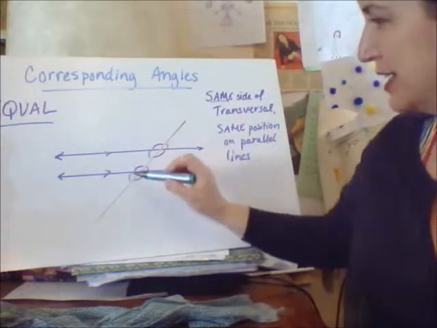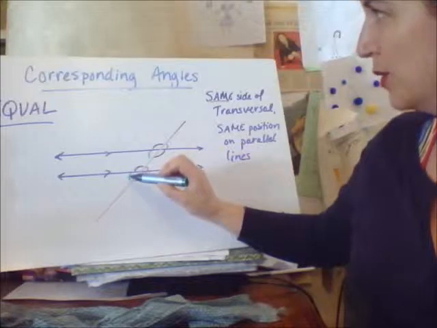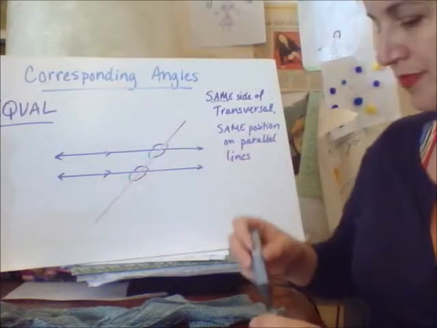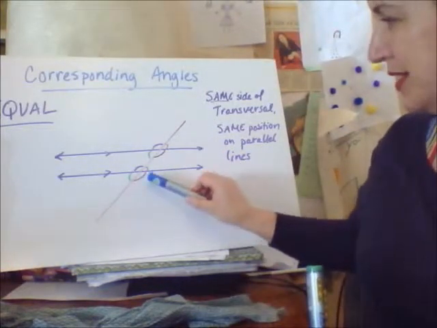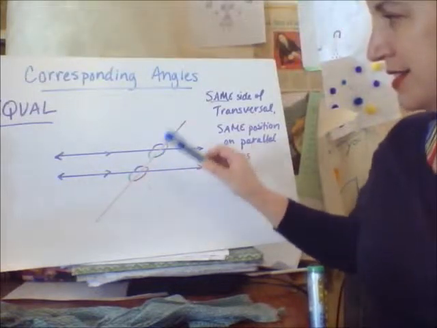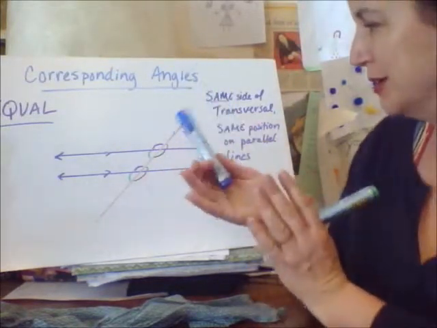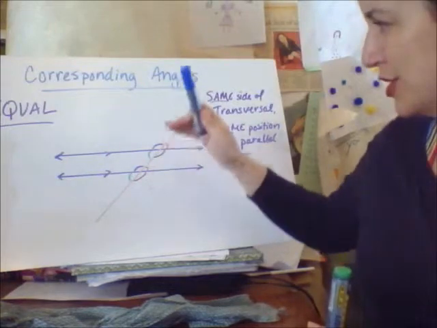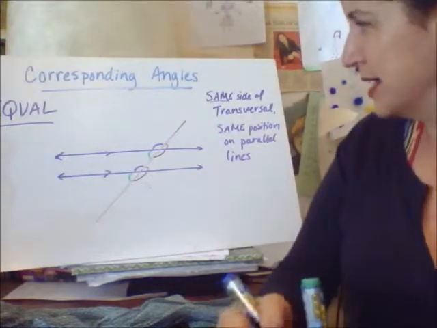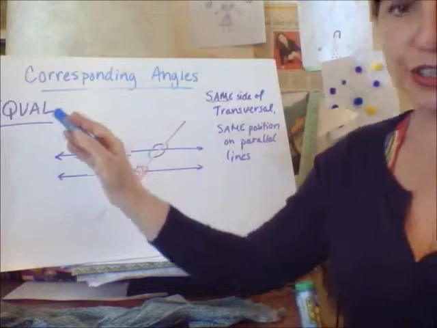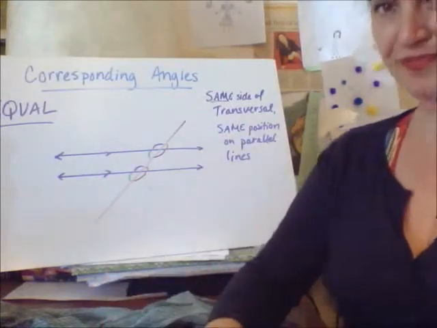So if you look here, you see this green one? Its corresponding angle is that green one. This one down here, its corresponding angle is here. So just a mirror, maybe not mirror, but exactly the same image on each line. So corresponding angles are always equal as well.